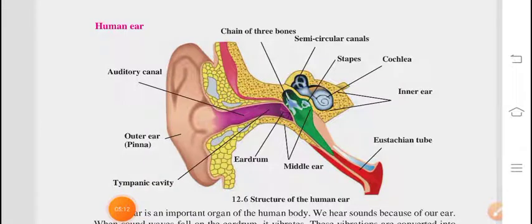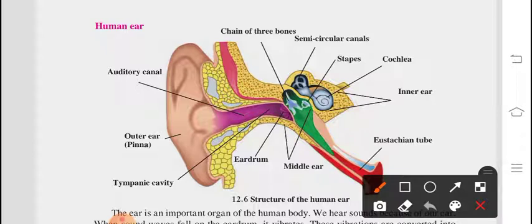This chapter is about sound. Obviously, if this chapter is about sound, the human ear will come. Okay, so now we are going to discuss the human ear. First of all, the structure of the human ear. Please concentrate on the structure of the human ear.